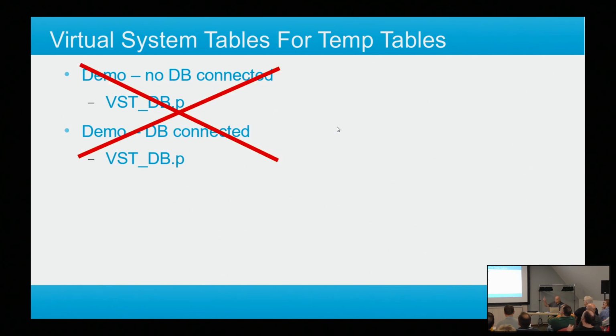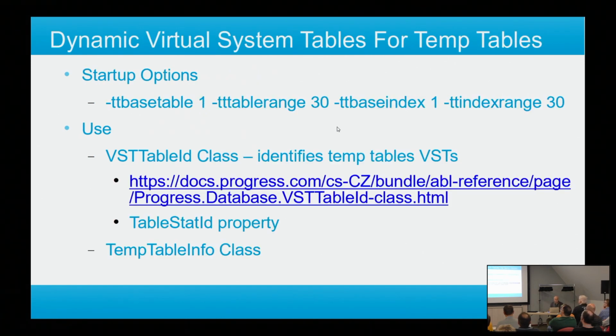So, the approach we have seen is not good enough, and we have to go a little bit further. If you want to work with temporary table virtual system tables, you have to use some very specific startup options. You can see them on the slide.